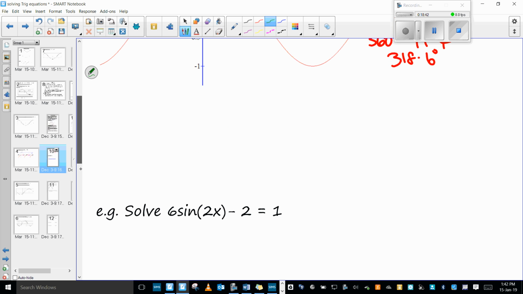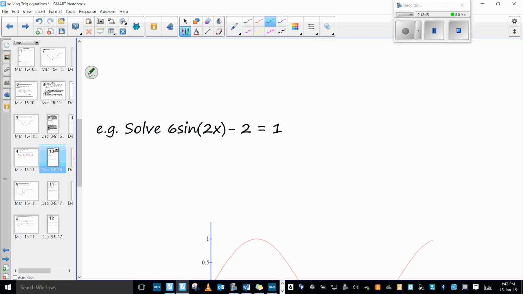Alright, so part C. Well, this is way more complicated. So, what are we going to do with this bad boy? Not yet, Sarah. Sarah wants to rearrange it, but she wanted to divide by 6 straight away.